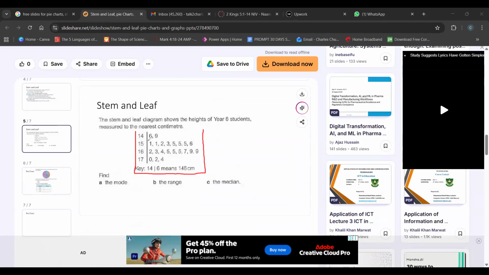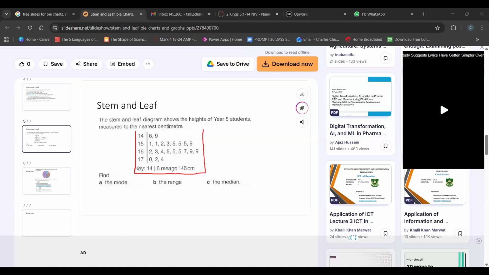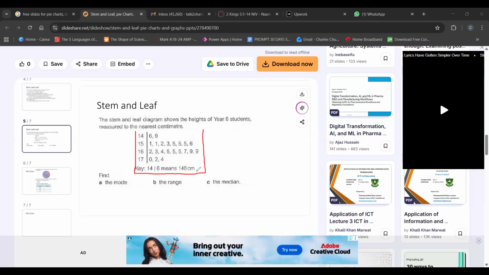Now, look at the key. Every stem and leaf diagram has a key. 14 with that vertical bar 6 means 146. So that makes it straightforward.